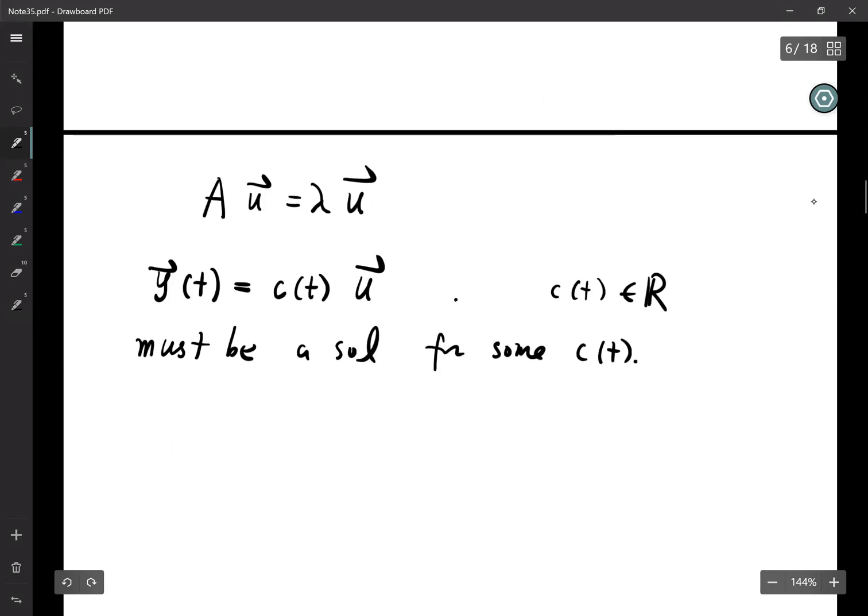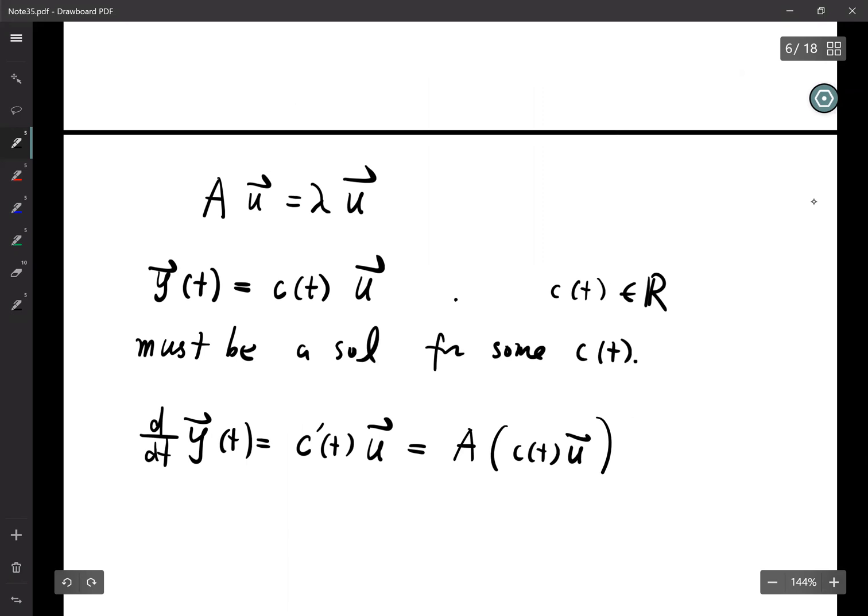Why is this true? I just plug into the equation. So d/dt of y(t) is c'(t), because it's a scalar, I can write it as c' times u. And I want it to be equal to A times y(t), which is c(t) A u. c(t) is a scalar, I can pull it out.